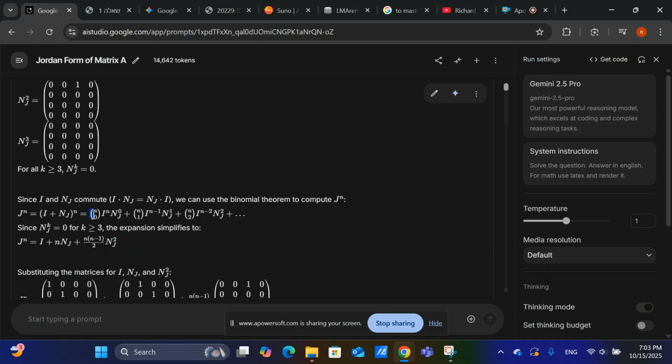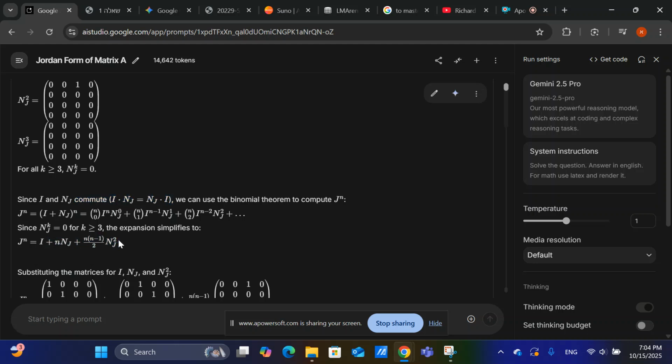So I take the first term in the binomial, the second term, and the third. Now, why can I use the binomial for this addition of matrices? Remember that it won't work for any matrices. You need the matrices to commute in order for the binomial to work. But a matrix and the identity matrix of course commute with each other, so we can use the binomial.